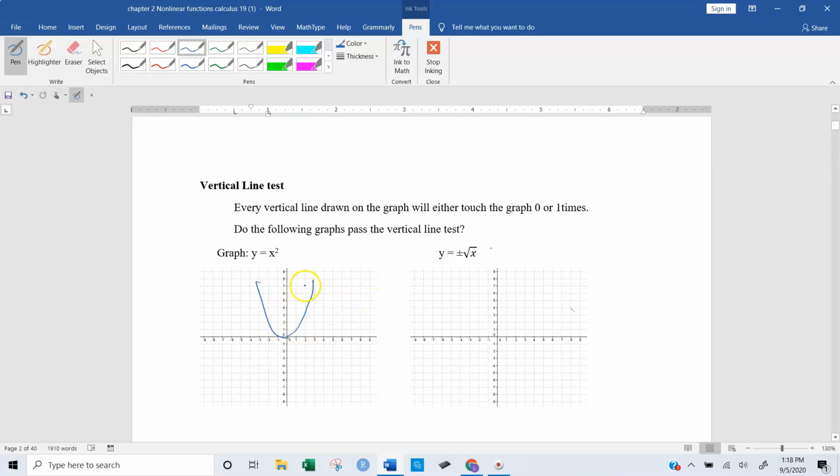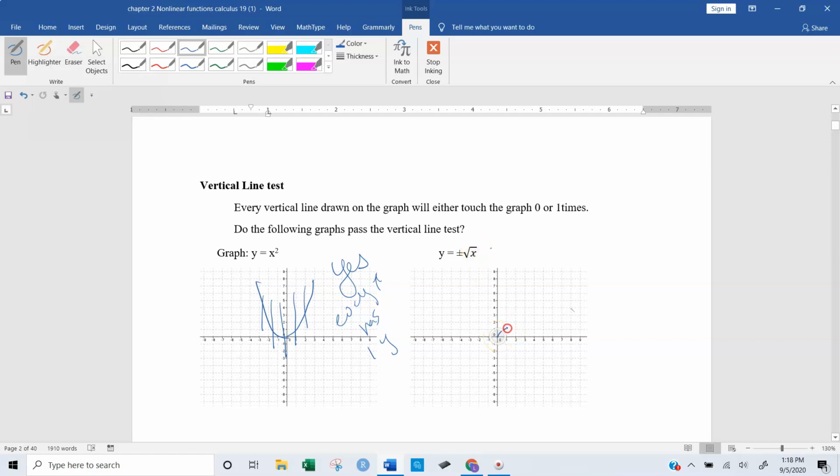When you draw every vertical line, no matter where you draw it, you will only hit the parabola once. So the answer is yes. Passes the vertical line. Every x has one y.